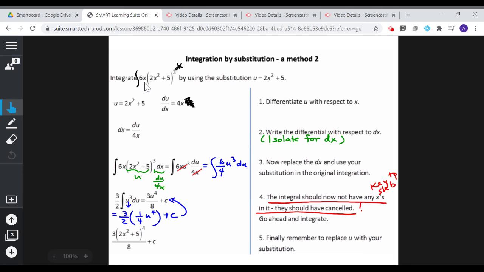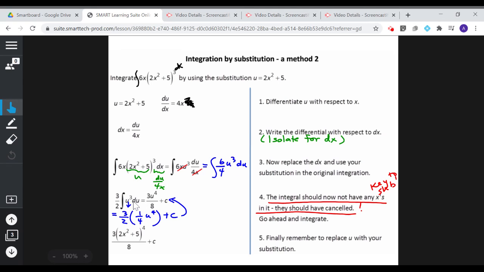Now that doesn't match 6x exactly, but it is going to help. When I change this part of my expression to u and this part to du over 4x, now I have the expression 6x times u cubed times du over 4x, and the x parts can cancel out, leaving me with just 6 over 4 u cubed du. Now I can simplify that by pulling out that 6 over 4 and reducing it.